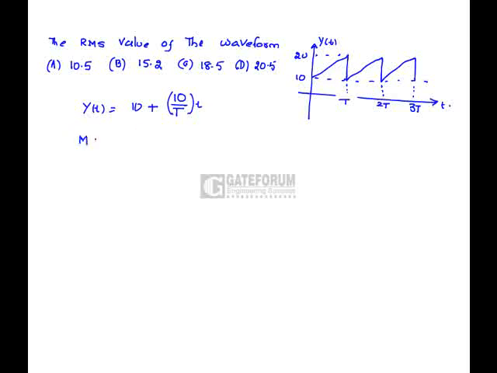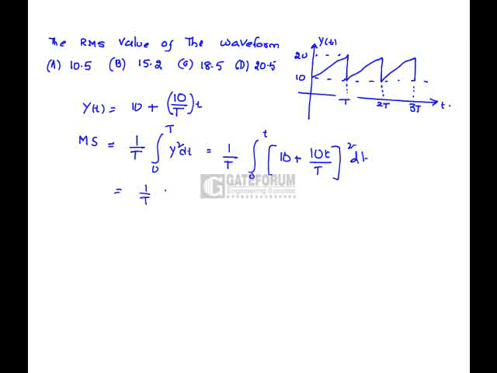First of all we have to find the mean square value. RMS is nothing but the square root of the mean square value, that is 1 by T, integral 0 to T, y square dt, that is 1 by T, integral 0 to T, of (10 plus 10t by T) whole square dt.